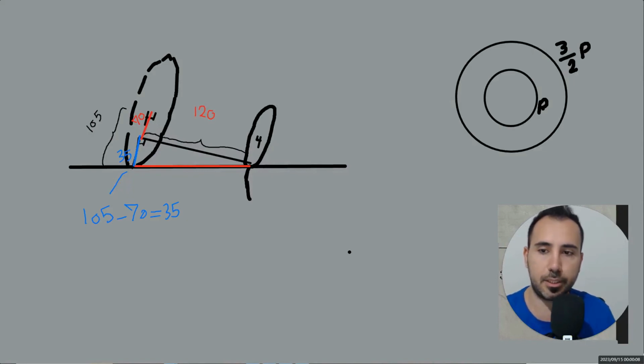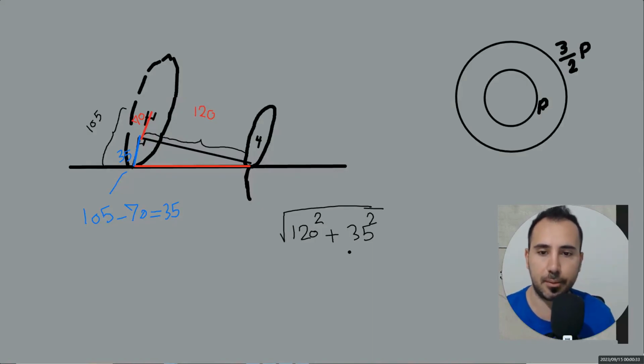So what we really need to do to find this distance is have this right angle triangle. So it's going to be the square root of 120 squared plus 35 squared. Are we going to deal with these big numbers?